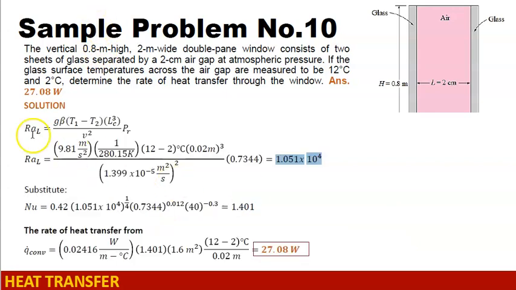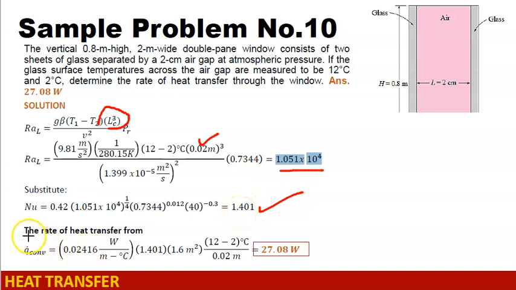Substituting the values that we have into the equation for the Rayleigh number, with a characteristic length of 0.02 meter, we get 1.051 times 10 to the power of 4. Then substituting into our equation for the Nusselt number, we have a Nusselt number of 1.401.